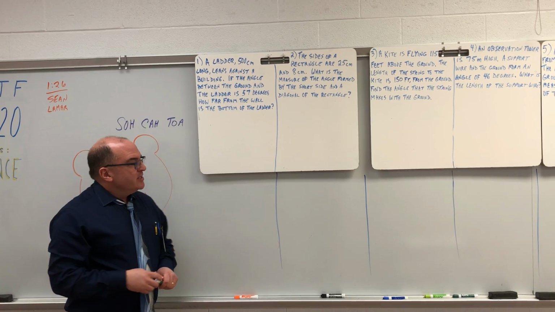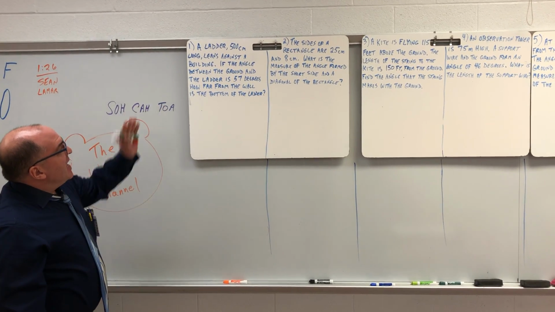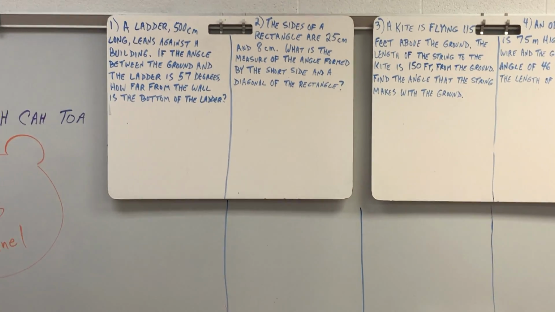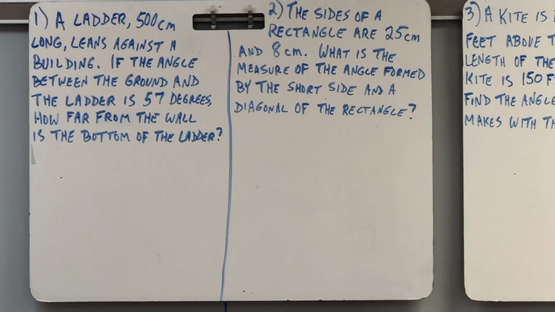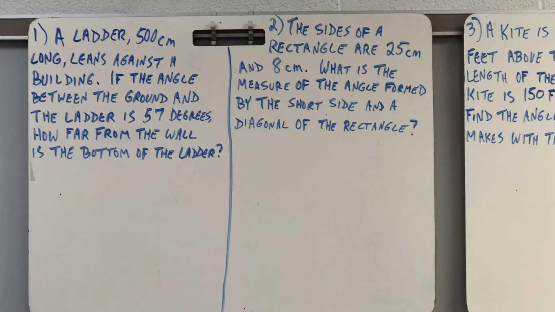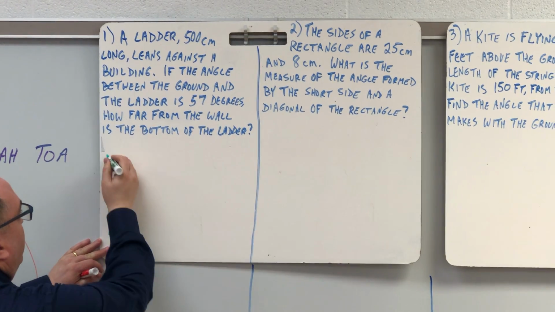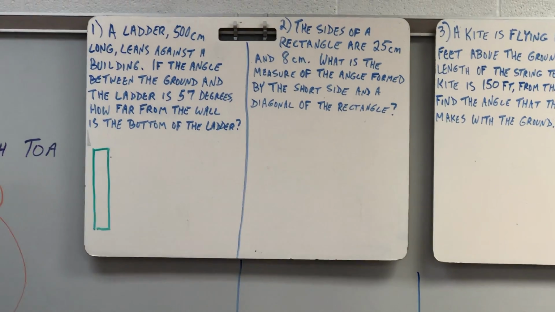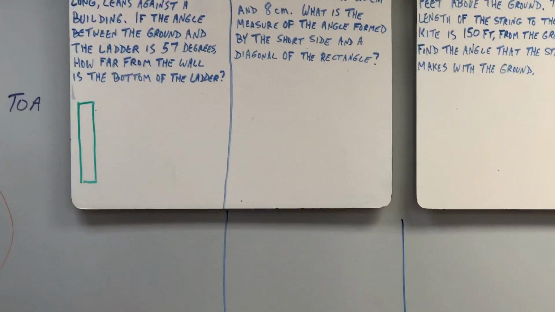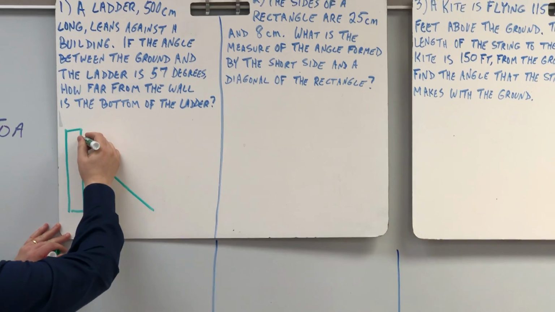All right? So, for example, a ladder, 500 centimeters long, leans against a building. So what I want you to do is draw a building. Here's a building. A ladder leans against the building. Here's my ladder.